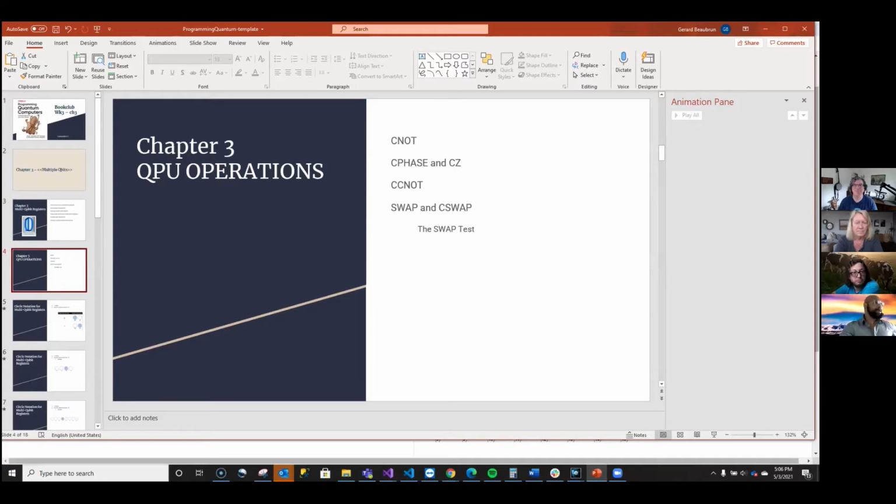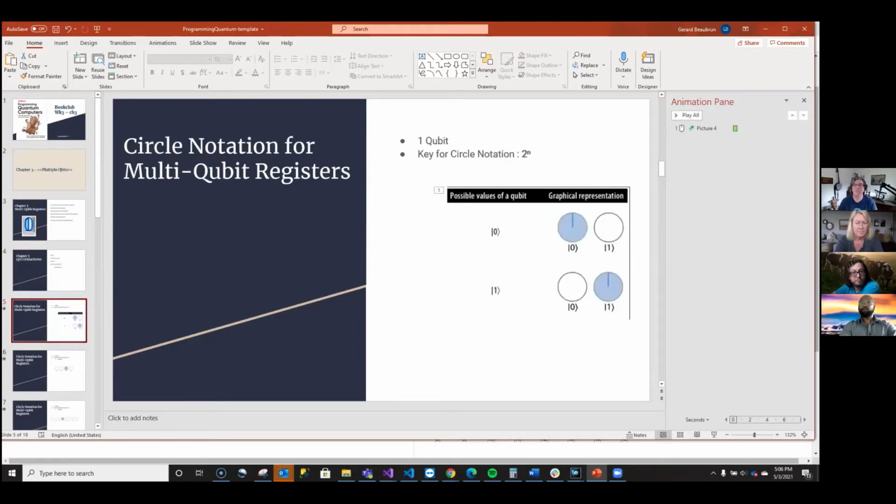Okay, great. So for the circle notation, what we have for one qubit, we normally see the familiar 0 and 1, as you can see here.